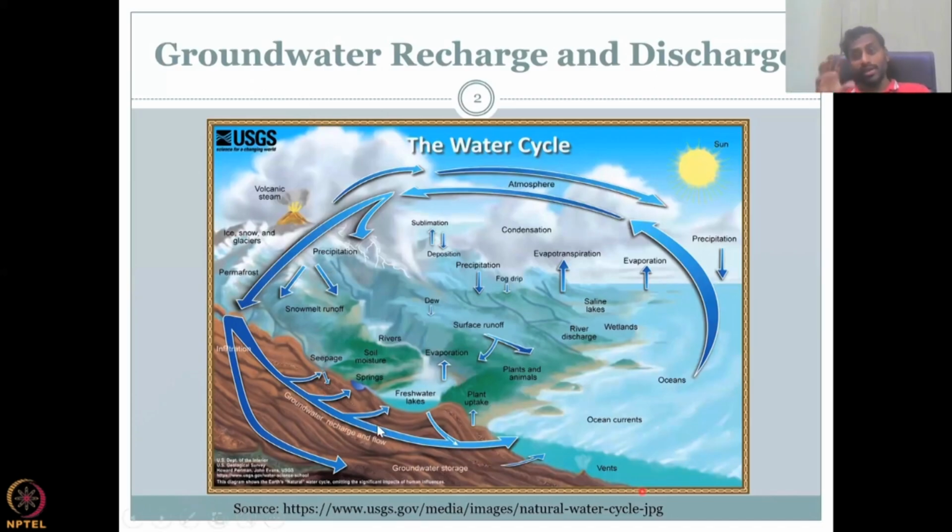Whereas the groundwater recharge actually delays the water in completing this cycle. These are much faster time steps compared to the groundwater movement. So basically, your water goes through a slower cycle and it takes some time for recharge and discharge.